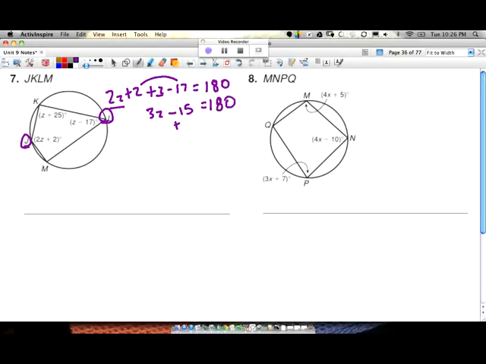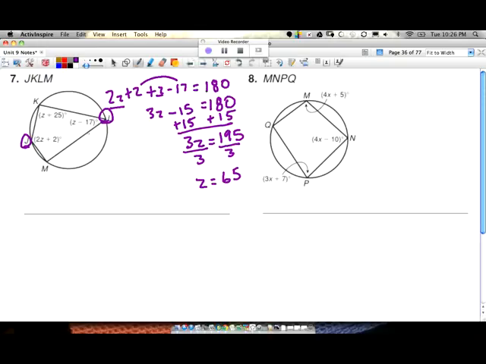Altogether they make 180. I'm going to add 15 to each side. That gives me 3z equals 195. Z is going to be pretty big here. Looks like z is going to go into 19 6 times, and then 15 5 times. 65 times total, so z equals 65.